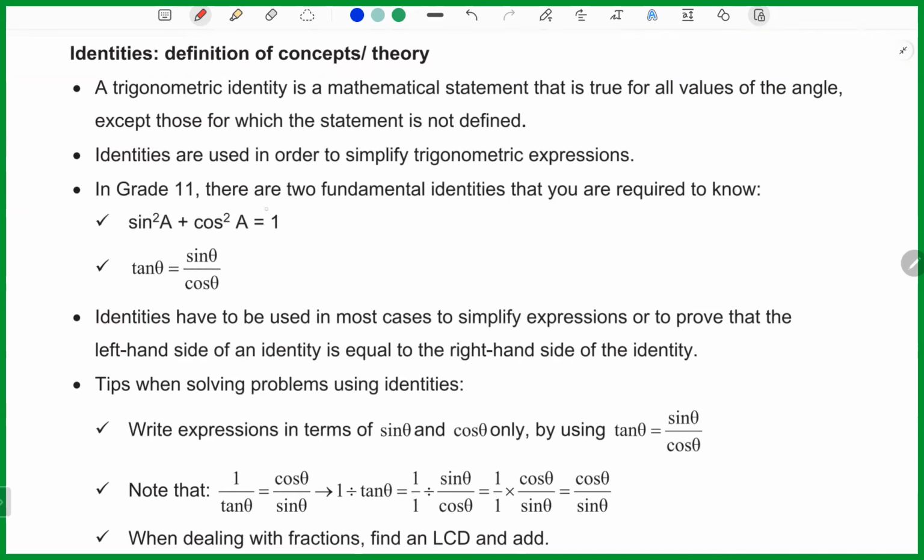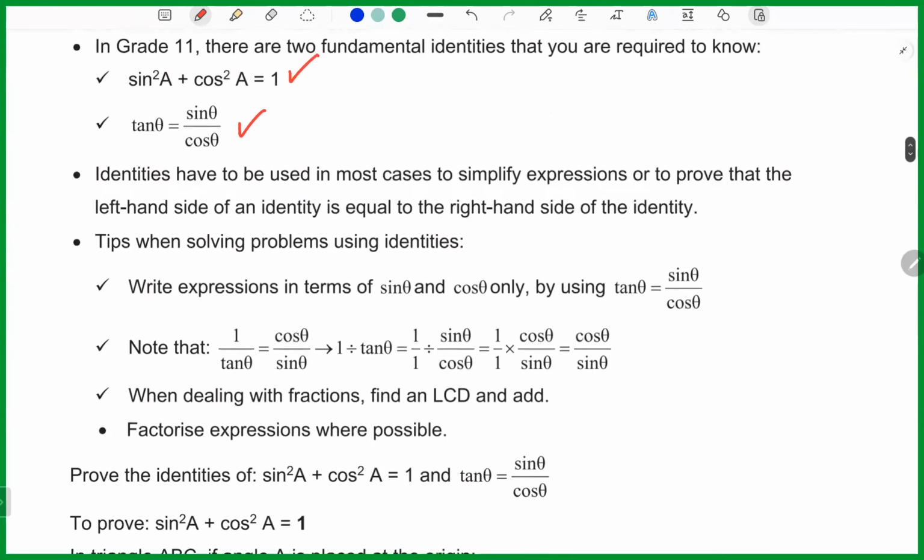They're very basic. The trigonometric sine squared of A plus cosine squared of A is equal to 1. The tangent of theta is the sine over the cosine of theta.